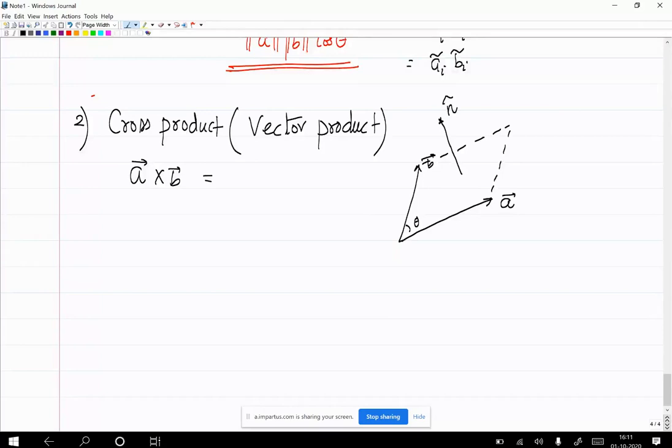So if I shade this parallelogram, then A cross B is nothing but the area vector of the parallelogram. It's called the area vector of the parallelogram.